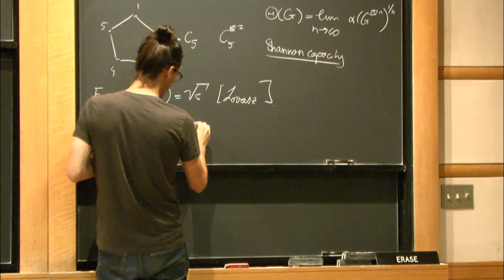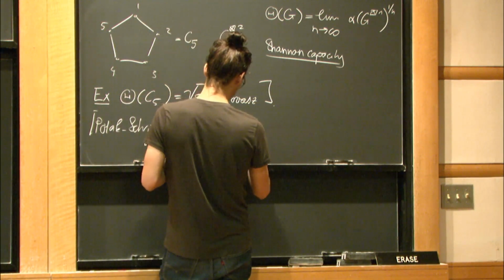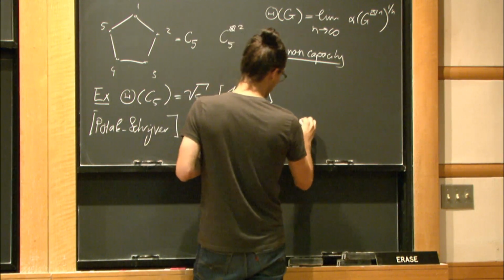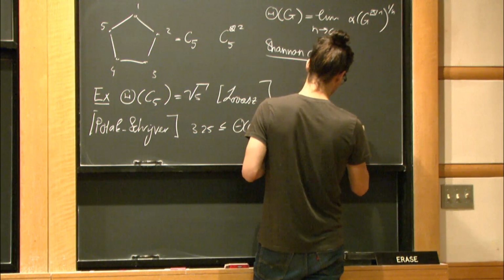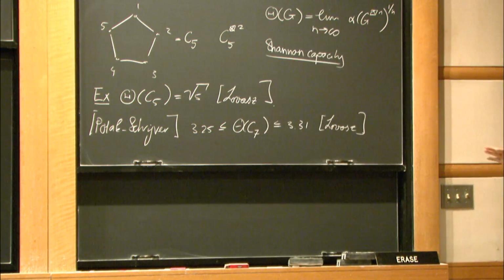Polak and Schrijver proved that it's at least 3.25, and Lovász proved it's at most 3.31. Okay, so that's the state of the art. So for small graphs, we don't know how to compute this Shannon capacity.